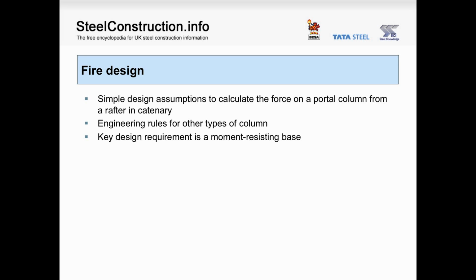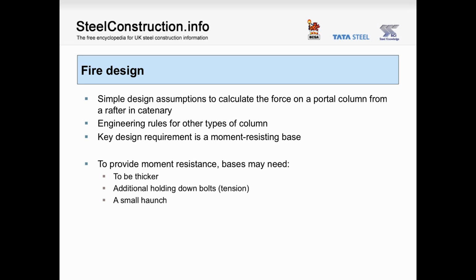For other forms of construction, so for gable columns and for monopitch frames, then really it's engineering rules of thumb which are given in the earlier publication. For the structural engineer, the key requirement is to provide a moment resisting base.